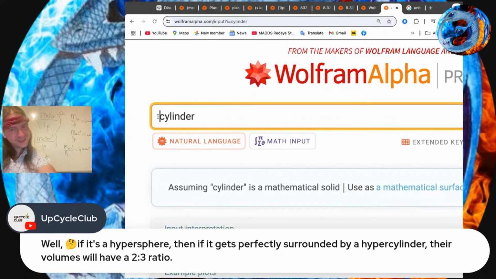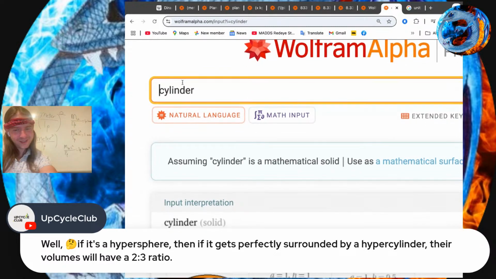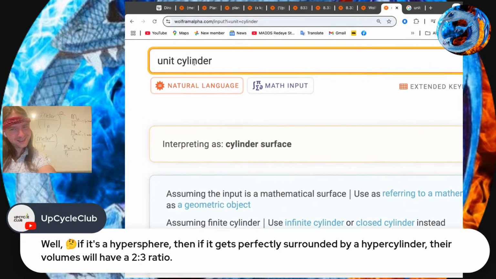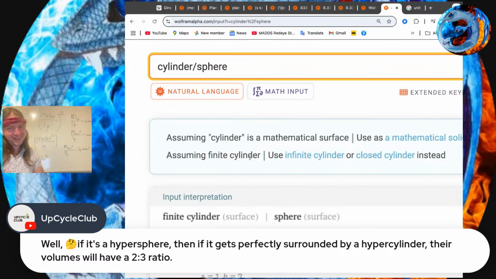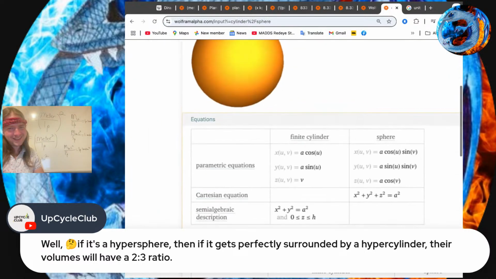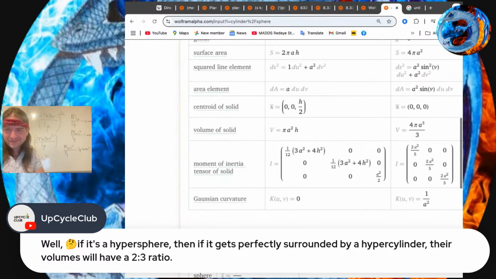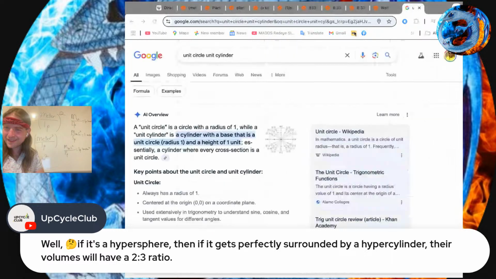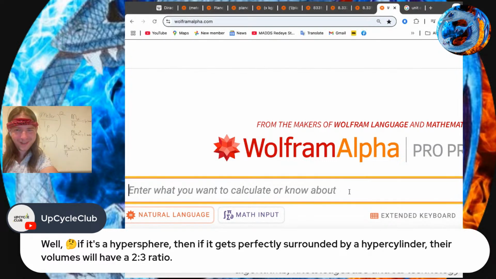Hmm. I wonder. Do the unit cylinder surface, finite cylinder. Cylinder, divide by sphere. Finite cylinder surface. Oh, no. There we go. The volume. Squared that. All right. I'm pulling up my little thing. We're gonna just do it all unit 1.